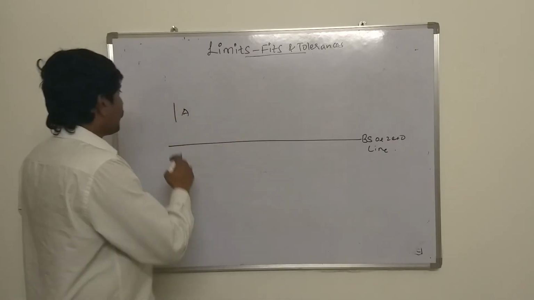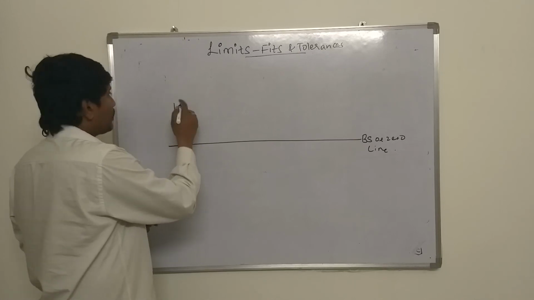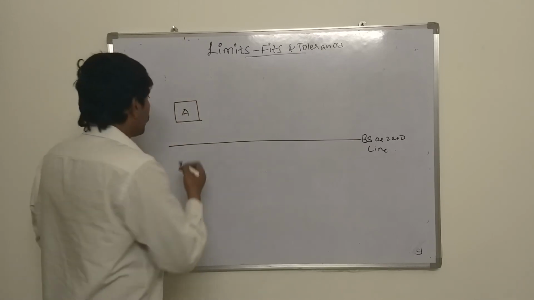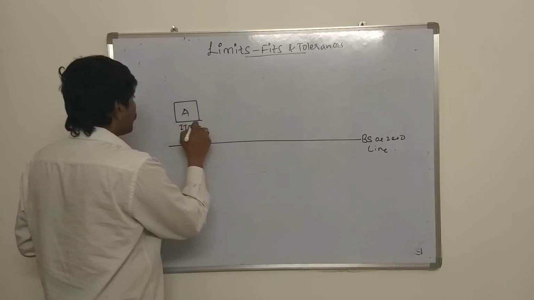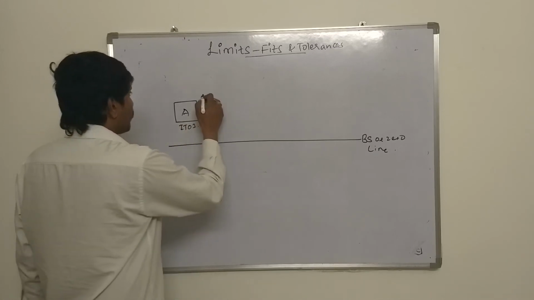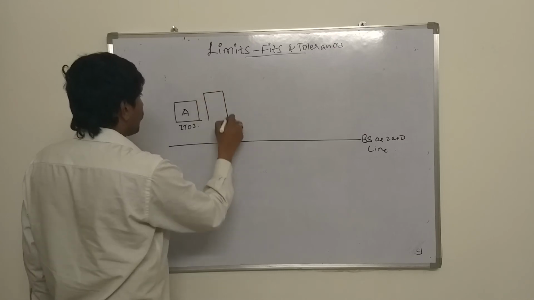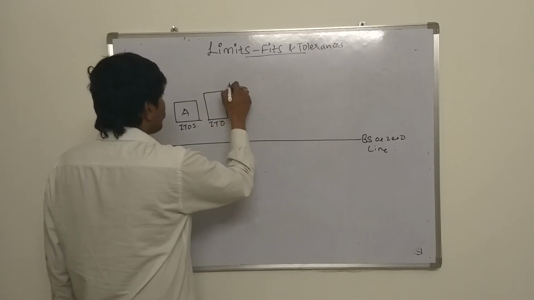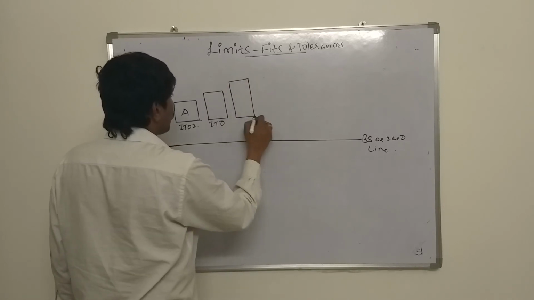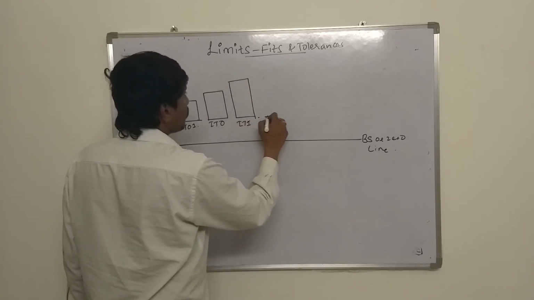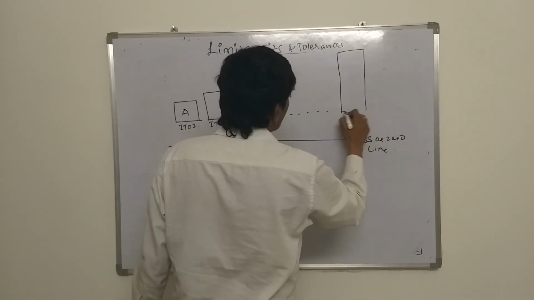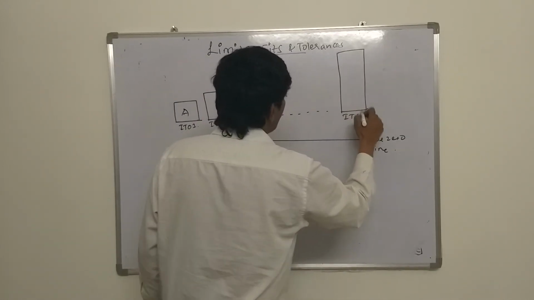So if I take this as the capital A hole, this as IT01, this is IT0, this is IT1, and so on, this is IT16.